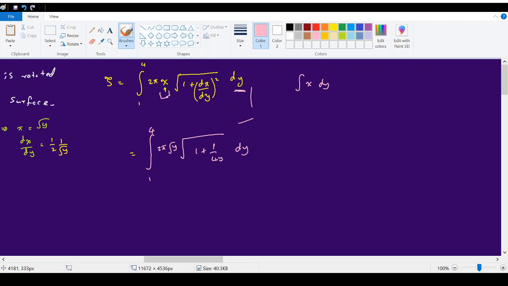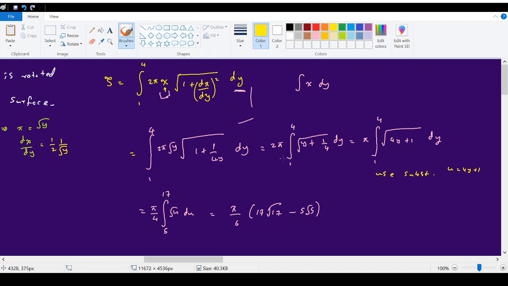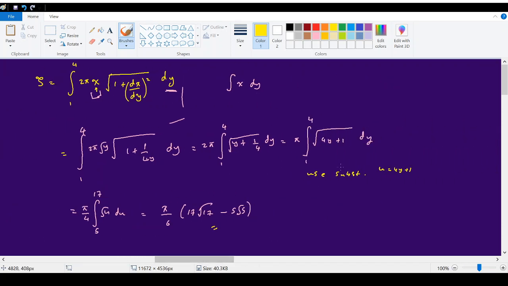So the integral will be like this, and you can see that you have the same result as before. We have to use the substitution u equals 4y plus 1, but I have not shown the intermediate steps for the substitution. Anyway, we will end up with the same answer.